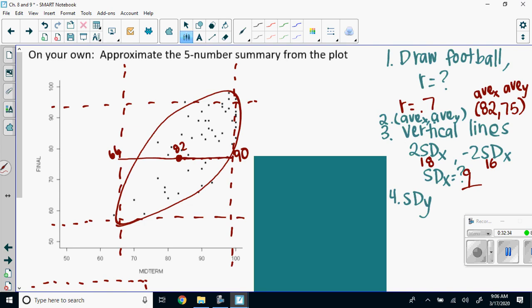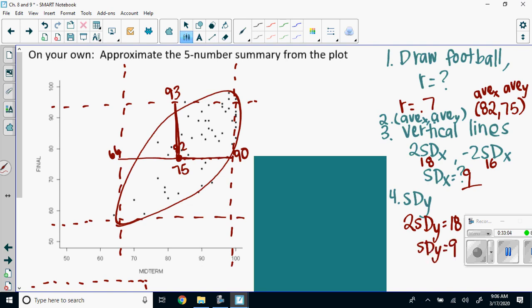So my average y I decided was 75. The distance this way, 75 to about 93. 93 minus 75 is, oh, that's also 18. So 2 SDs of y is 18, which means 1 SD of y is 9.